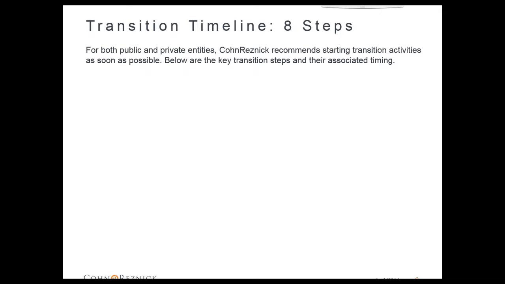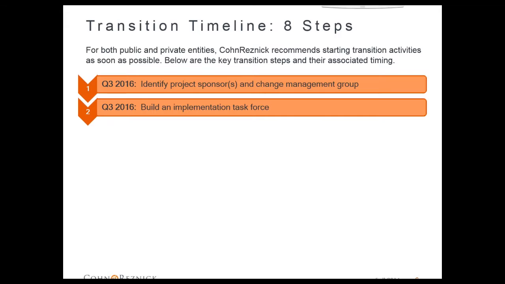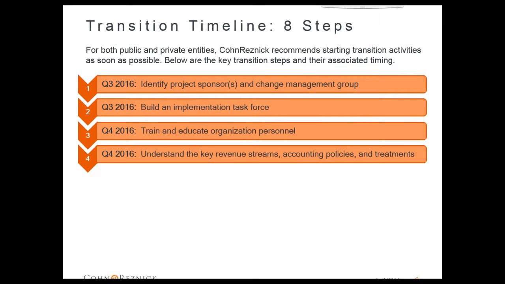In our last webcast, I presented a transition timetable that Cohn Resnick recommends for companies beginning the transition process and highlighted that the time to get started is now. In the first two webinars, we covered the first four steps in our journey. The first few steps included identifying project sponsors and the change management group, while also building an implementation task force.